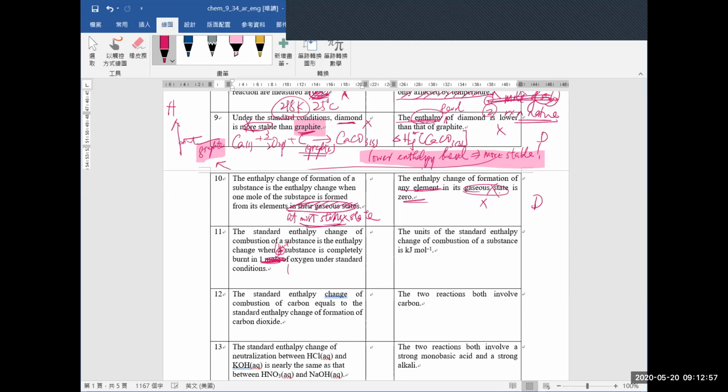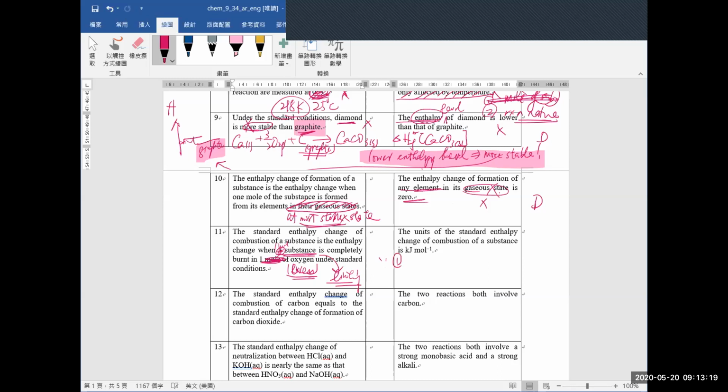Okay, so the oxygen here, hidden message, is in excess. So remember, the fuel should be limiting, then the oxygen is in excess. What is the purpose? Why do you need to make 1 mole of fuel limiting to be burned and leave the oxygen in excess? You have got 2 reasons. Do you know what are the 2 reasons?